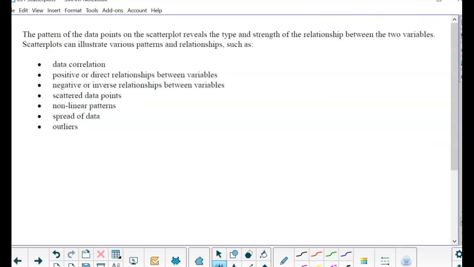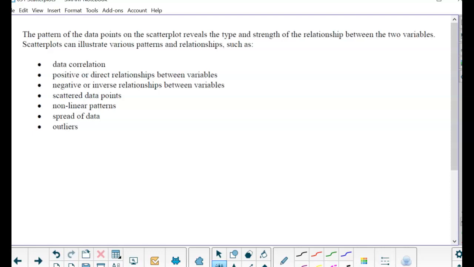So the pattern of the data points on the scatter plot reveals the type and strength of the relationship between the two variables. Scatter plots can illustrate various patterns such as data correlation, positive or direct relationships between variables, negative or inverse relationships. Is the slope positive or is it negative?